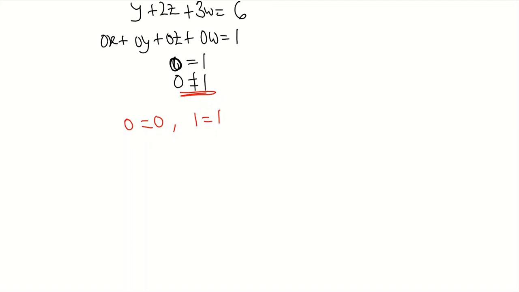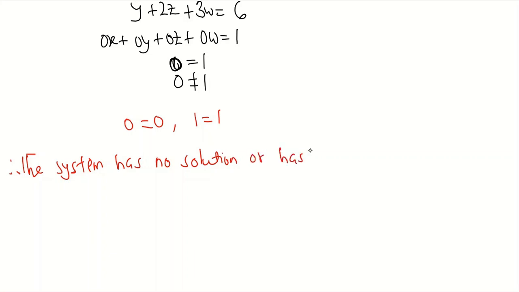And based on this statement, we can simply write or state that the system, so therefore the system has no solution, or it has inconsistent solution.